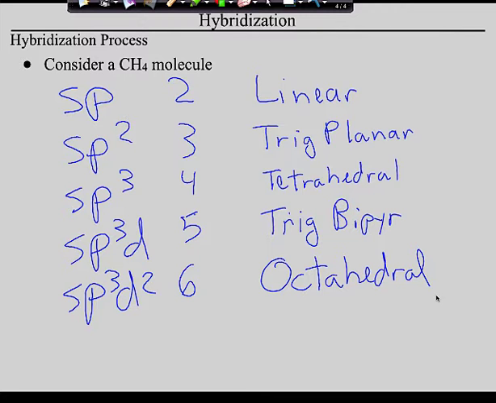And the way to know is just understand that there's an understood 1 above the s, and then add the numbers. 1 plus 1 is 2, 1 plus 2 is 3, 1 plus 3 is 4, 1 plus 3 plus 1 is 5, 1 plus 3 plus 2 is 6. That's all you got to be able to do. Because every orbital that goes in, a hybrid orbital comes out.